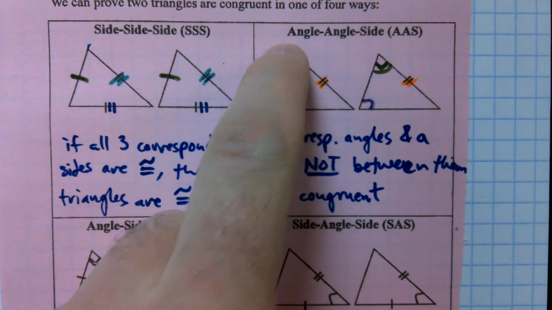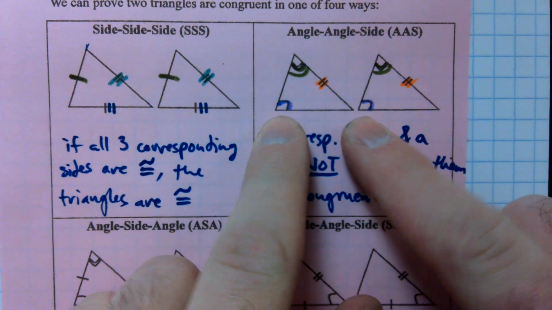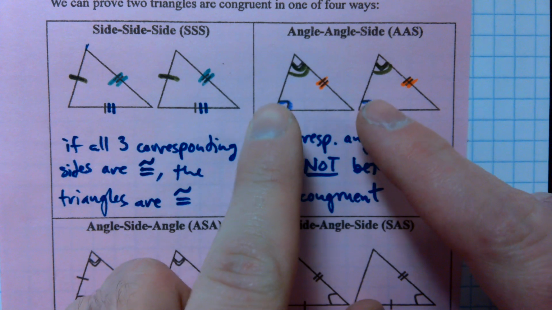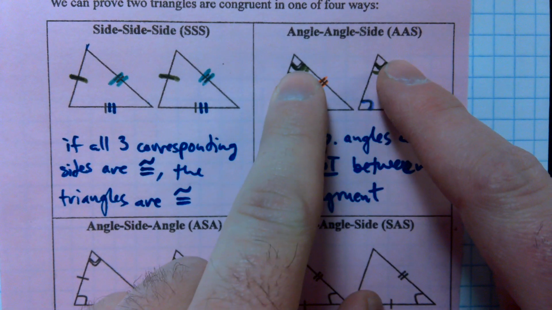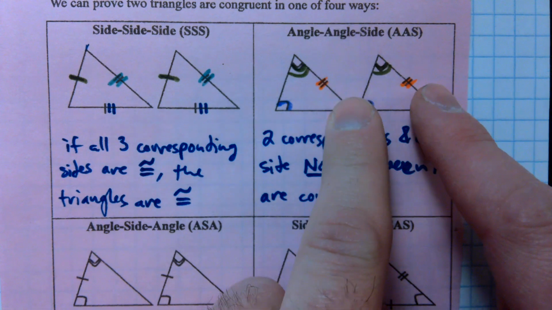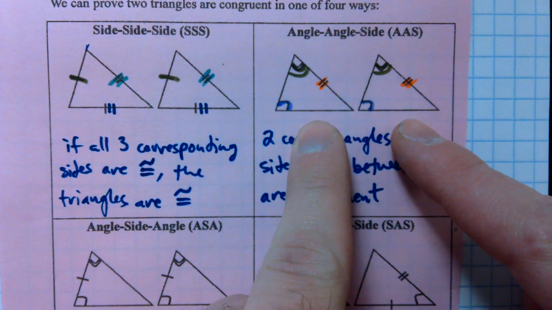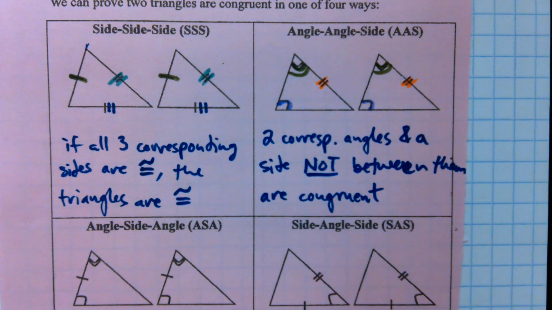So I have 2 angles. It doesn't matter which angles they are as long as they're corresponding, right? In this case, bottom left and top. The bottom lefts are congruent. The tops are congruent. And I have this side that's congruent. But the side's not in between those 2 angles. It could be over here. It could be down there. But it's not in between them.